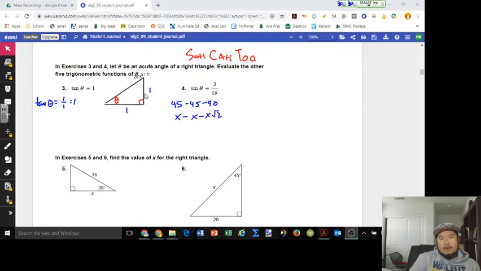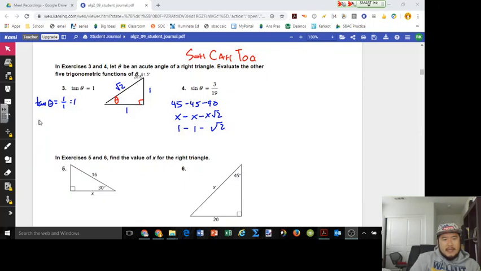And if we're going to say that one of our legs happens to be 1, then we can go ahead and put 1, 1, and then rad 2, or 1 times rad 2, for the side opposite of 90 degrees. And now we have all 3 side lengths figured out for our problem. Okay? So let's go ahead and move on right here.